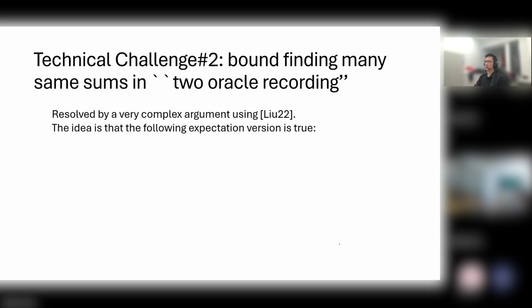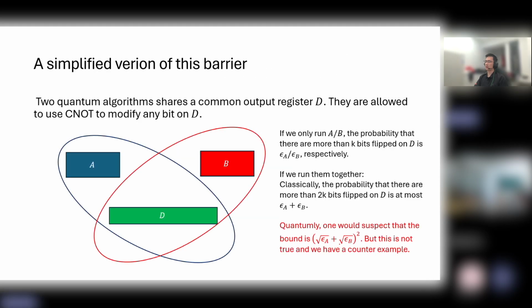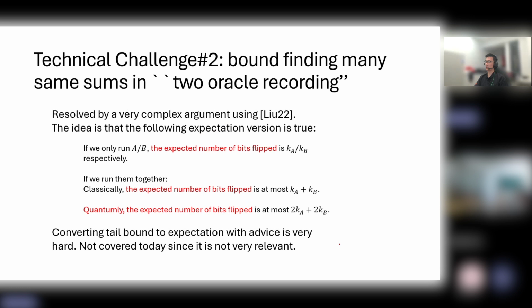But to convert this tail bound into expectation with advice is very hard, because if you naturally guess advice, you will get a boost on every position. Expectation is a sum of the probability of every bit flipped.